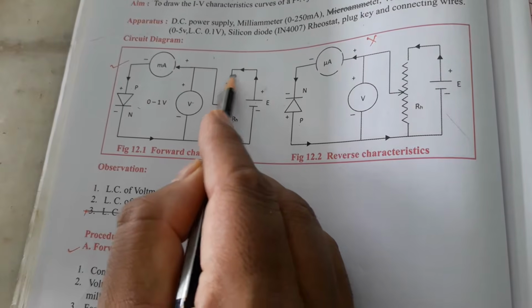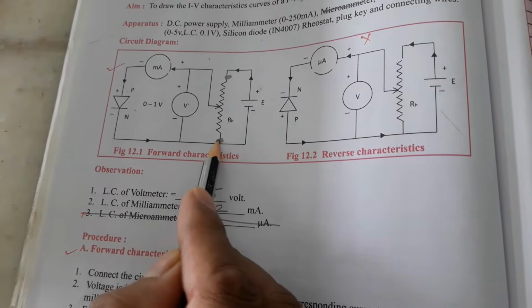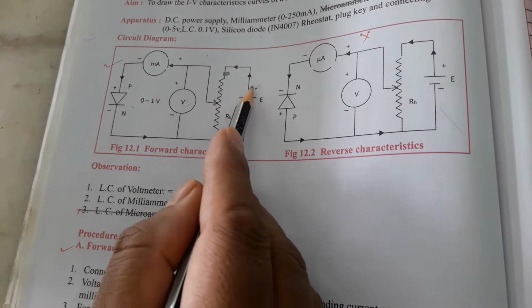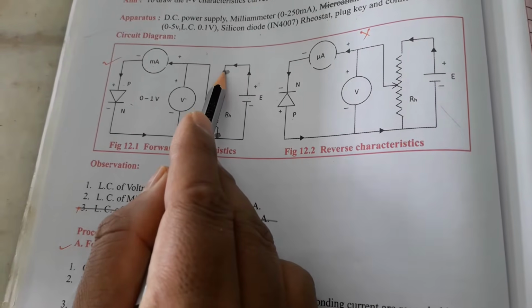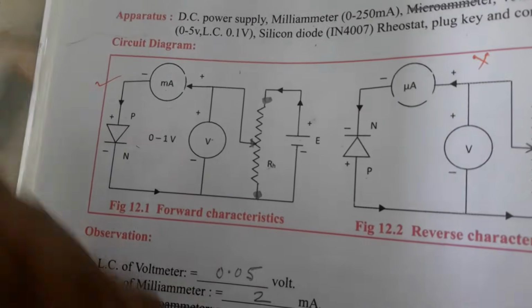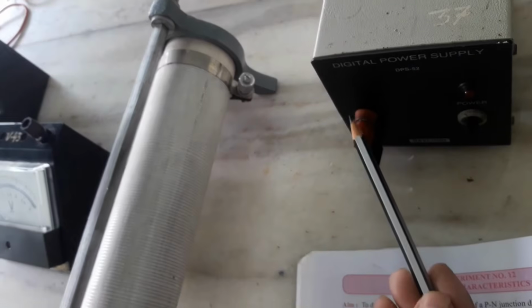This is a fixed terminal of the rheostat, this is also a fixed terminal, and this is the variable terminal. So the positive of the battery is connected to a fixed terminal of the rheostat and the negative is also connected to a fixed terminal. One fixed terminal will connect to the positive of the battery and one to the negative.